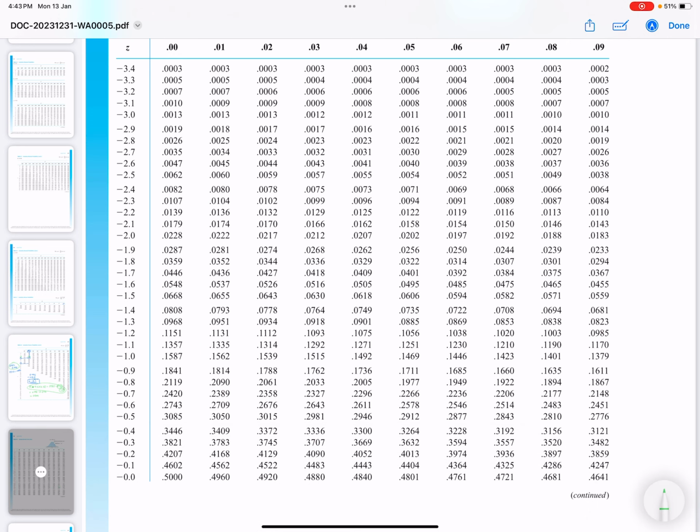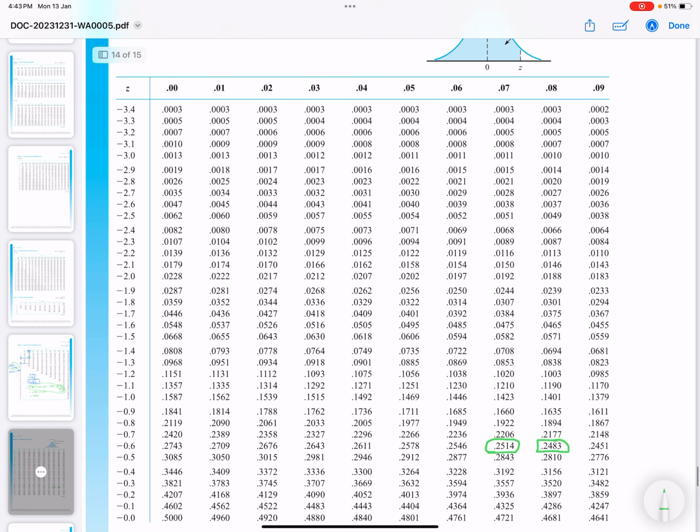So this is 0.2514 and this is 0.2483. Effectively this is for when z is close to minus 0.6, then the other decimal would lie in between. Which one is closer? This is 14, this is 17, so this one is closer. Or if you want to round it off, you can take it as this as well. So z 0.25 would be minus 0.67 or 0.68.